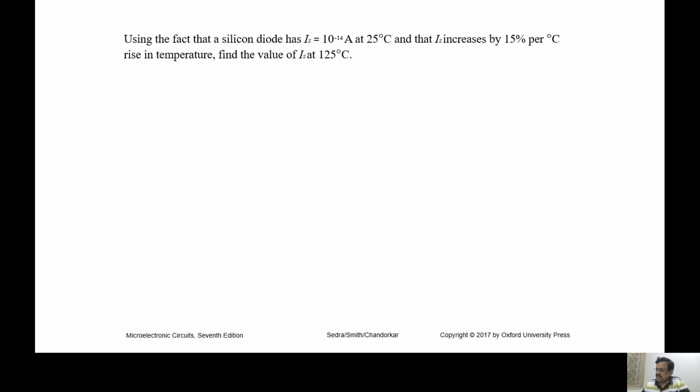So the question is very simple. This question is mainly to develop the mathematical idea. So we know the current through the diode is given by IS exponential of V by Vt under forward bias, where V is the applied forward bias voltage and IS is the saturation current.